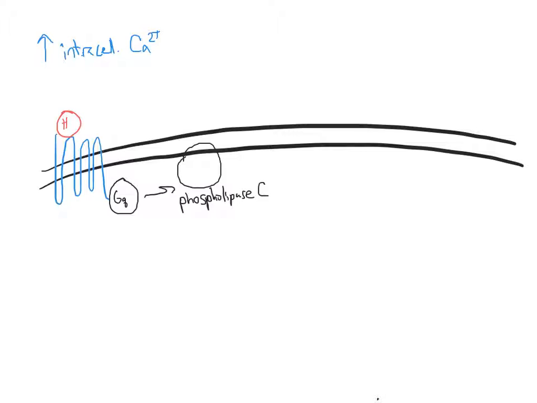If you take a look at the name, the activity of this enzyme is right there in the name. Phospholipase is an enzyme that cleaves phospholipids. Phospholipase C acts on a particular phospholipid that you find on the inner surface of the plasma membrane called PIP2. So there's the phosphate head, here's the lipid tails of that phospholipid.